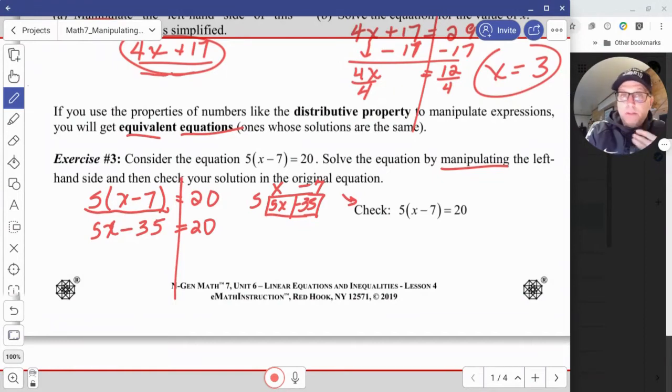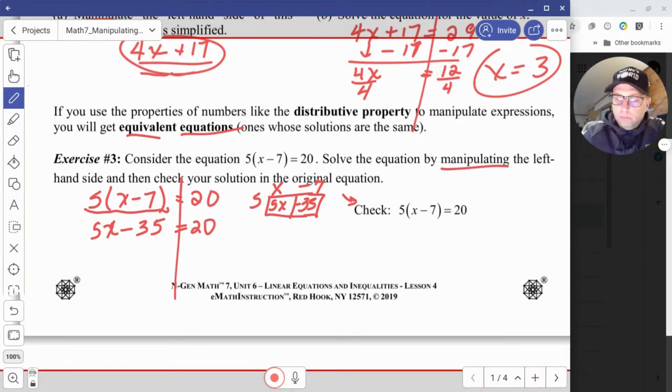Are there any terms I can combine? What do you guys think? Can I combine 5x and minus 35 into one term? Are they like terms? No, they are not. So I cannot combine them, which means that the left side is now simplified.